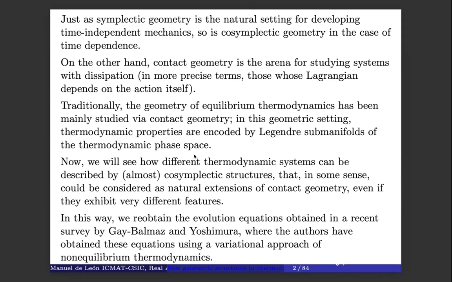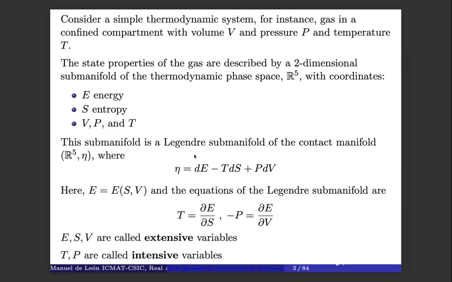In a simple thermodynamic system, and this is the reason to use contact geometry, you have the volume, the pressure, and the temperature. Also we have the properties of the gas described by a two-dimensional submanifold in a thermodynamic space of dimension 5, for instance R^5. We have the energy, the entropy, the volume, pressure, and temperature: five variables.